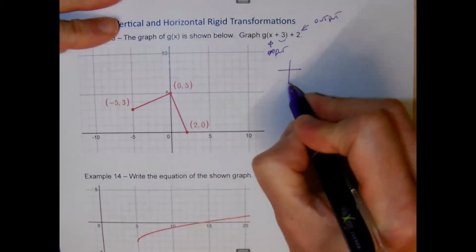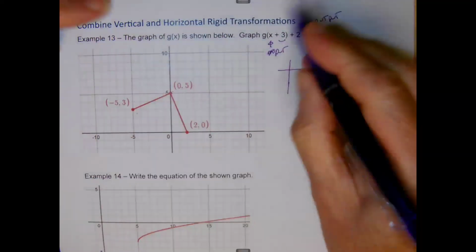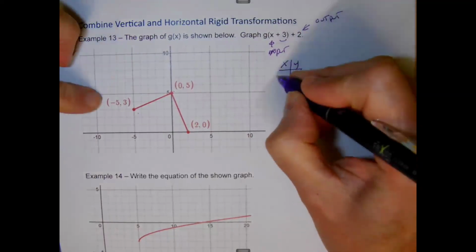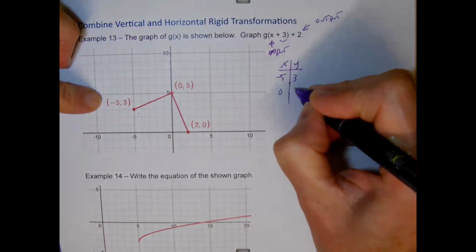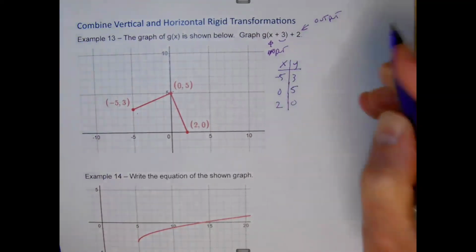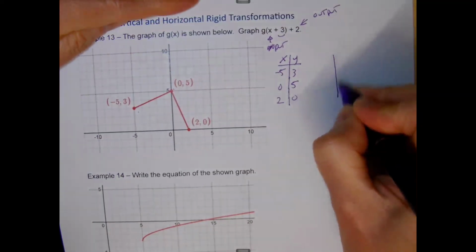This is rigid, so as long as we grab the points that define the picture, we can redraw pretty easily. So we have 3 clear points. Write those down in a table, and we can apply one transformation at a time.